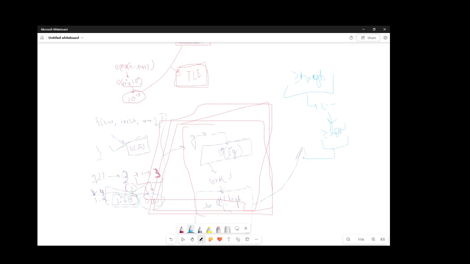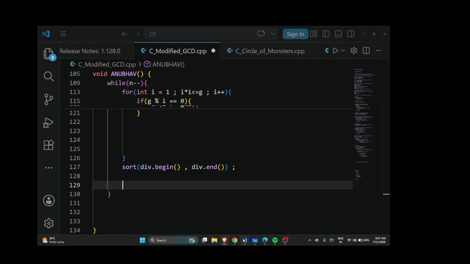If it is yes, then that value is probably our answer, and if it is no, then we'll be returning minus 1. So this is the best idea I could think of. So we'll be doing this, right? So let's move to the code editor now.